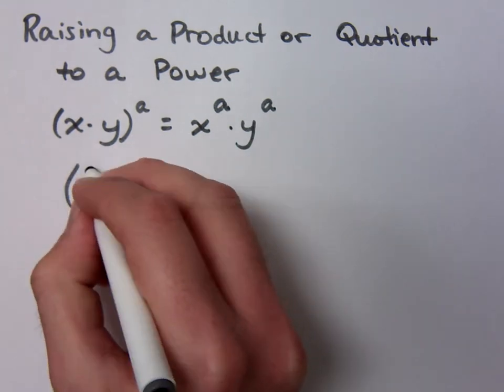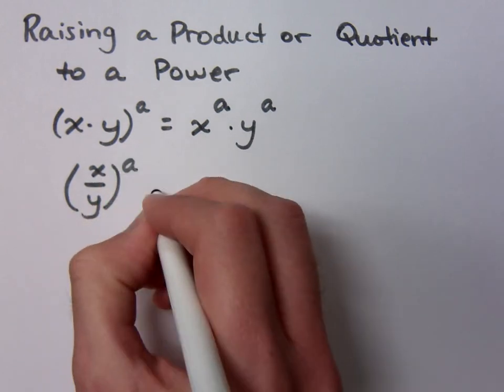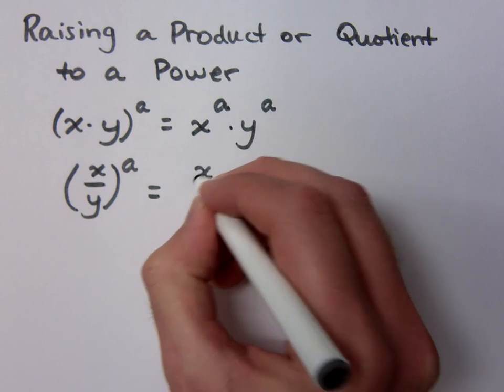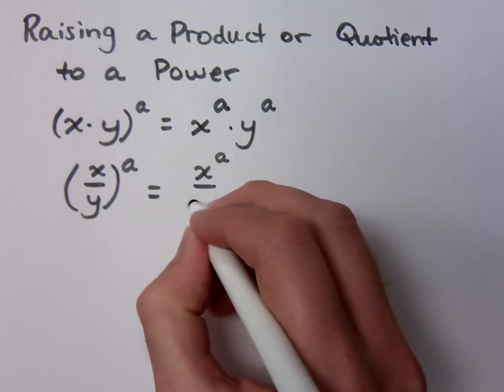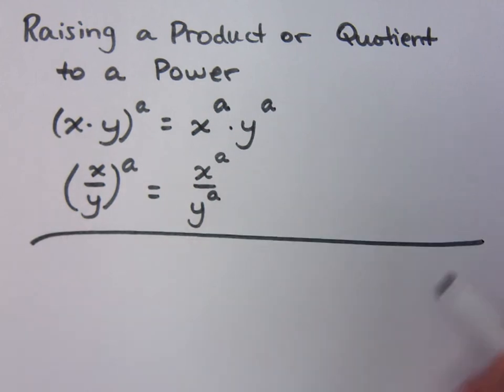Likewise, if I had a quotient, x divided by y raised to the a power, that's x to the a divided by y to the a. There's nothing really crazy about that. Just, every term or every factor is going to get raised to that power.